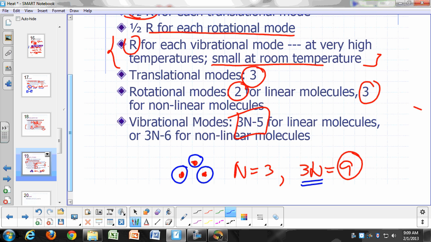Now, if instead of using X, Y, and Z for each of the three atoms, we do a transformation of coordinates, we use center of mass coordinates and relative coordinates.